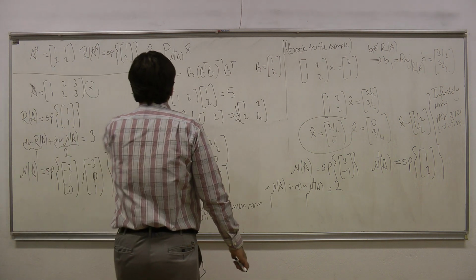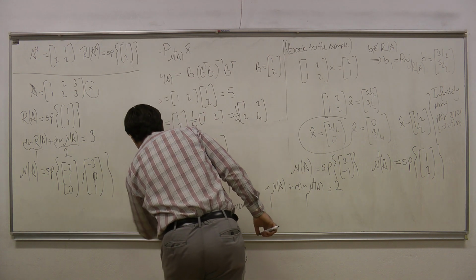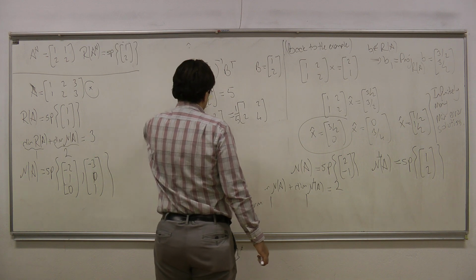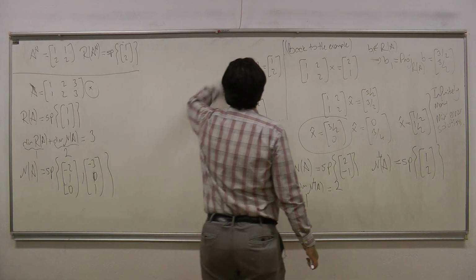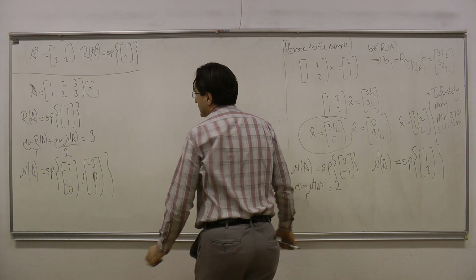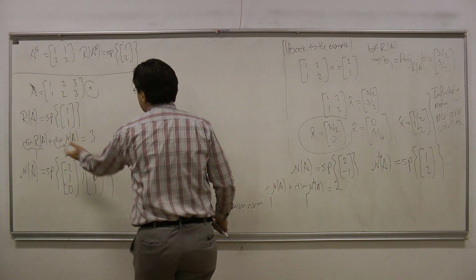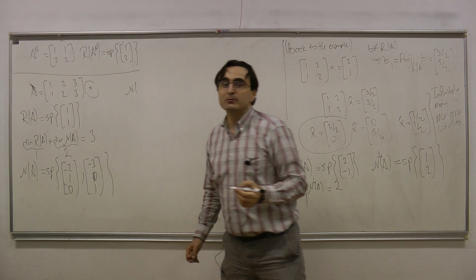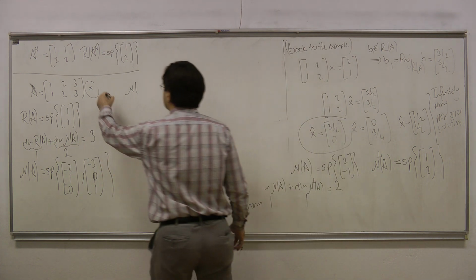All right? Now let us find the orthogonal complement of the null space. So the null space of A and the orthogonal complement of the null space of A should live in the same space.